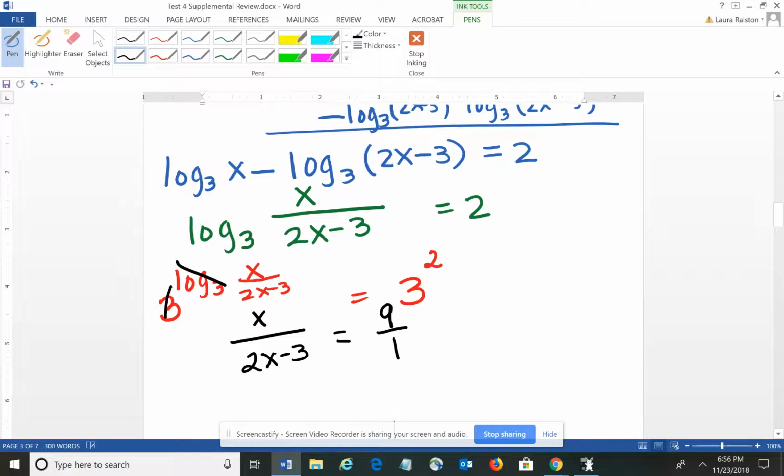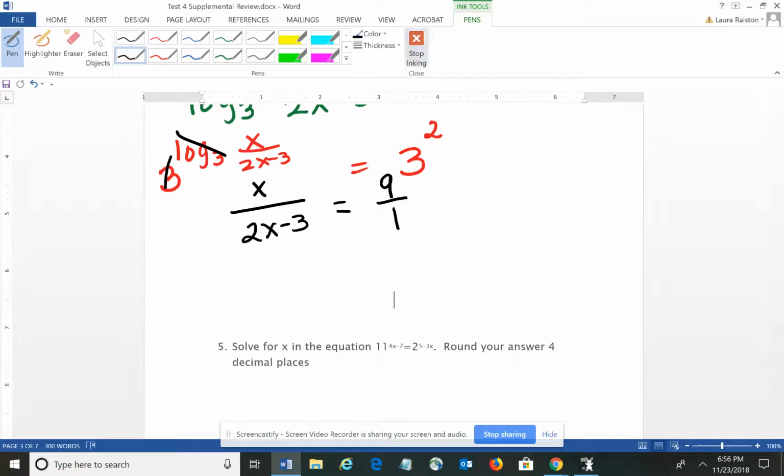I'm going to put that over 1 to make it a fraction so that I have a fraction equal to a fraction, and I'm going to solve it by cross multiplication. So 1 times x is x, and then 9 times 2x minus 3. And we're going to work that problem out. So distribute the 9.